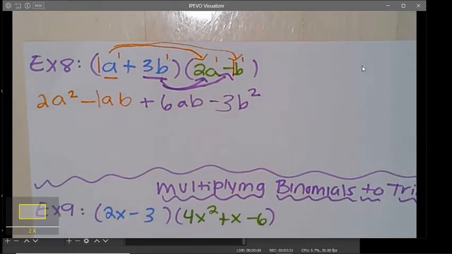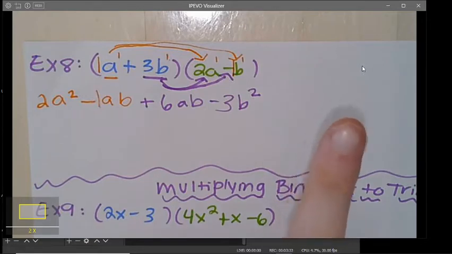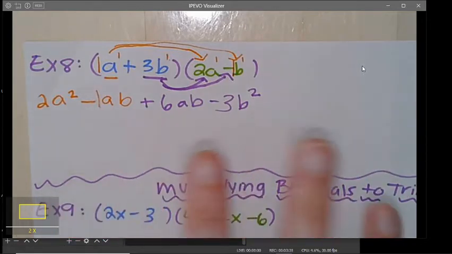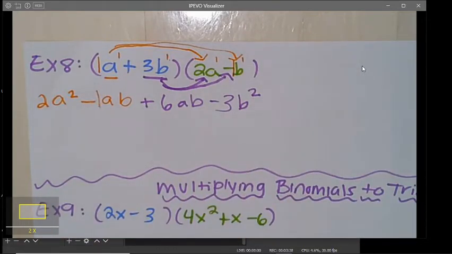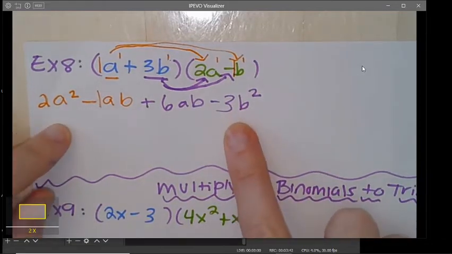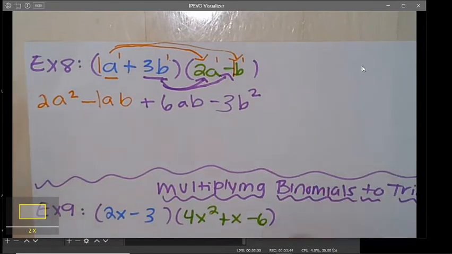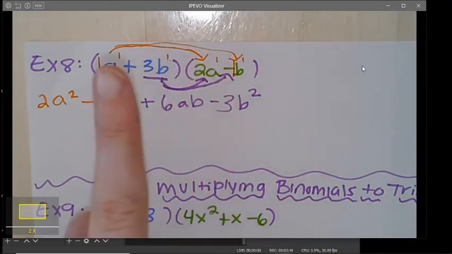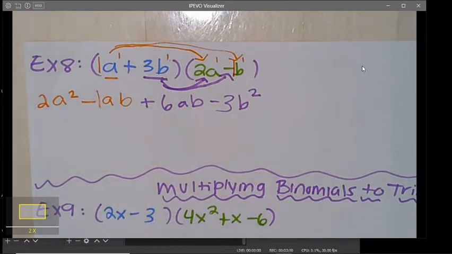Standard form really only applies when you have just one variable. Okay, so since I have A's and B's, it really doesn't matter how I write this.